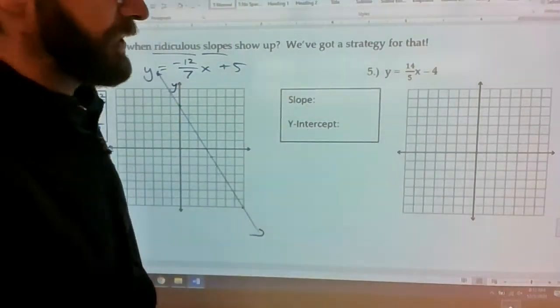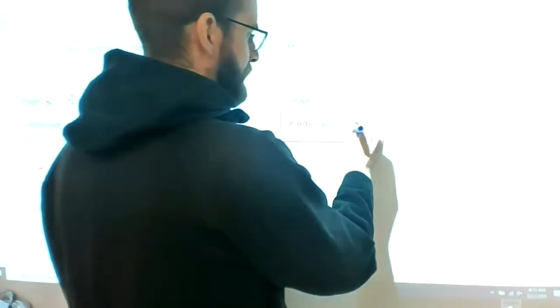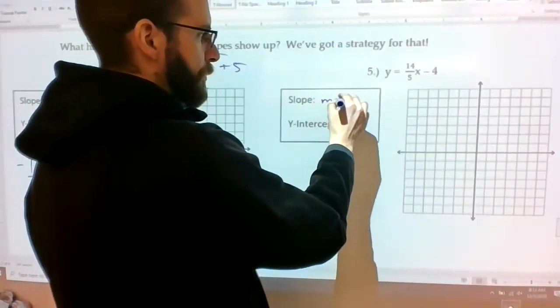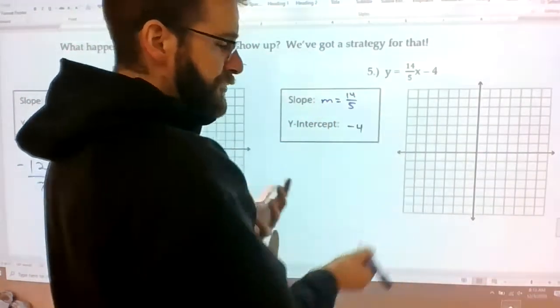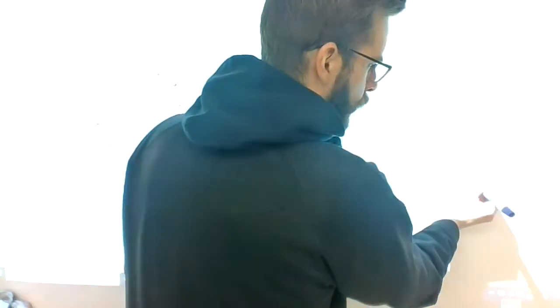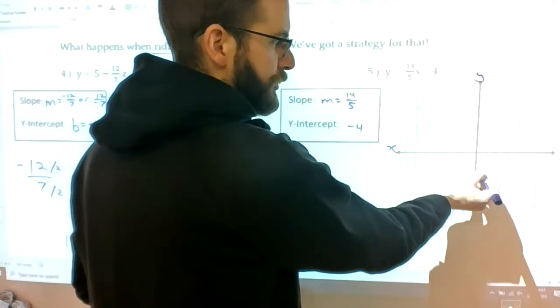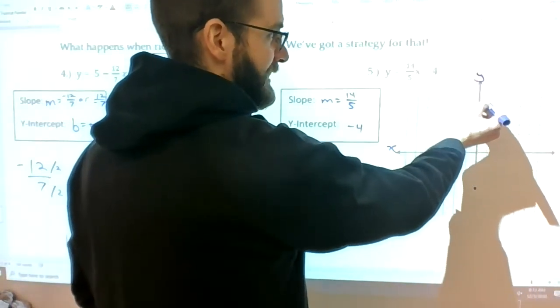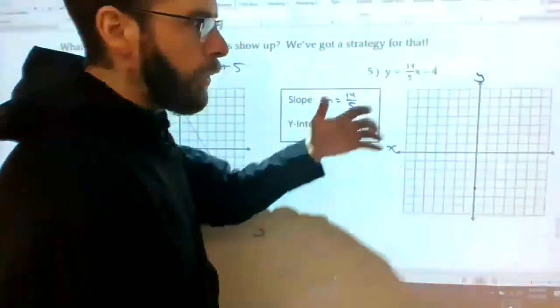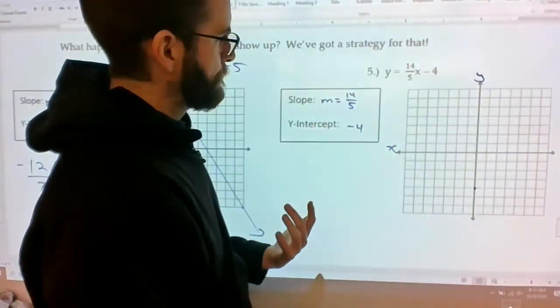So same thing over here. This one has a starting point of -4, a slope of 14/5. This one, I'm pretty sure, will not fit the dimensions of this grid space at all. If I go up 1, 2, 3, 4, 5, 6, 7, 8, 9, 10, 11, 12, 13, 14, we're way in the white right here.